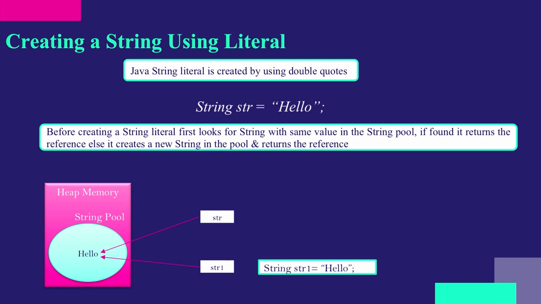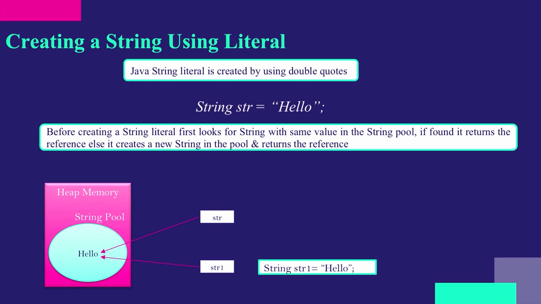So what happens? Before creating a string literal, first a lookup happens for the value in the string pool. If the same value is already available in the string pool, a new string will not be created. Rather the reference of that string will be returned. For example, if I write String str1 is hello, it means that str1 also points to the same string.